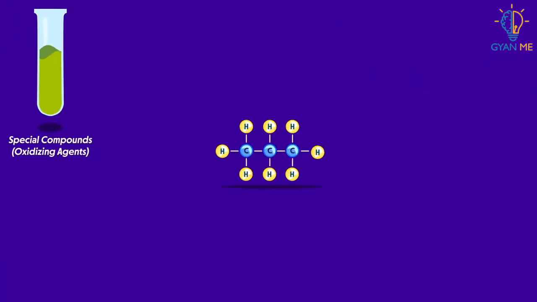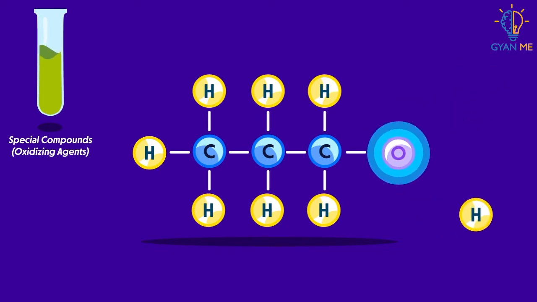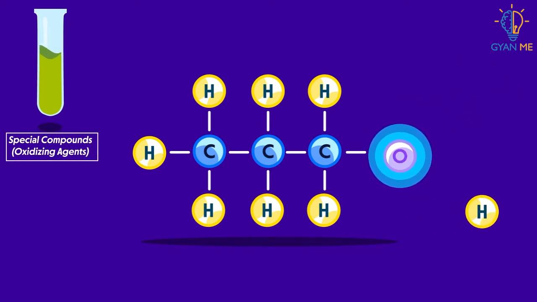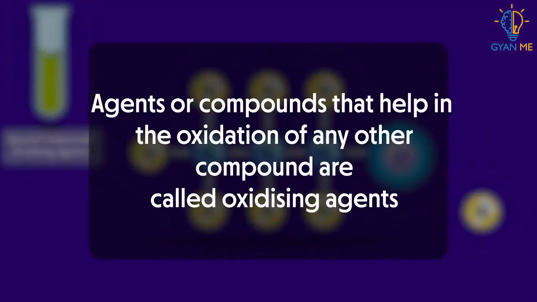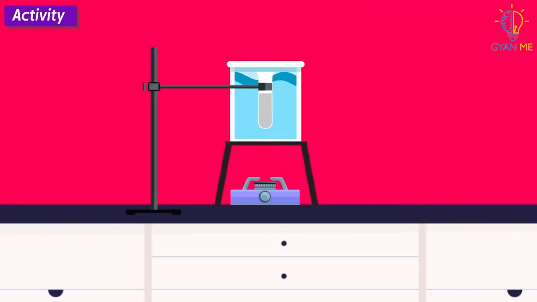In fact, they help the addition of oxygen to these compounds. They are called oxidizing agents. Thus, agents or compounds that help in oxidation of any other compound are called oxidizing agents. Let's understand this through an activity.